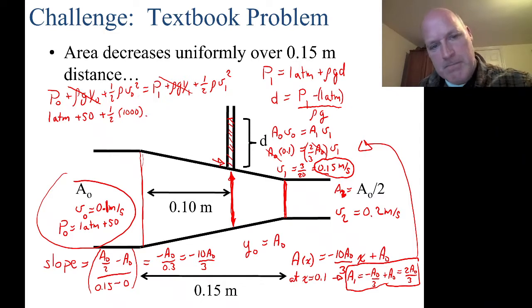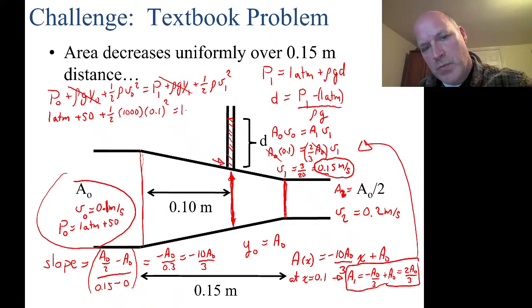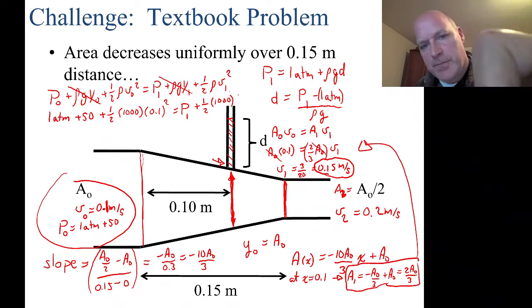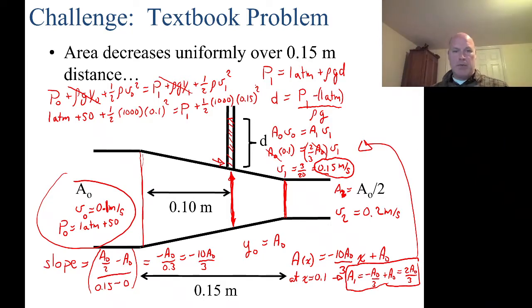Velocity naught squared is going to be equal to pressure 1, that's what we're looking for, plus 1/2 water, velocity 2, 0.15 squared. Wow.